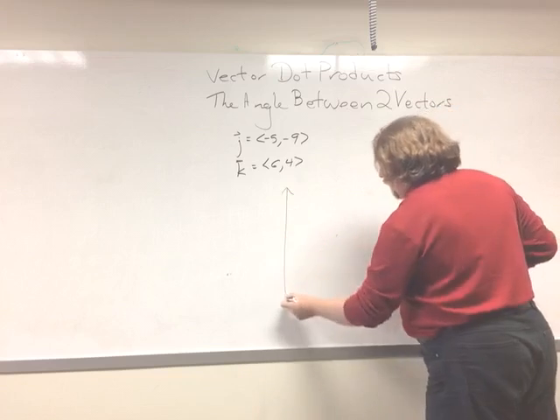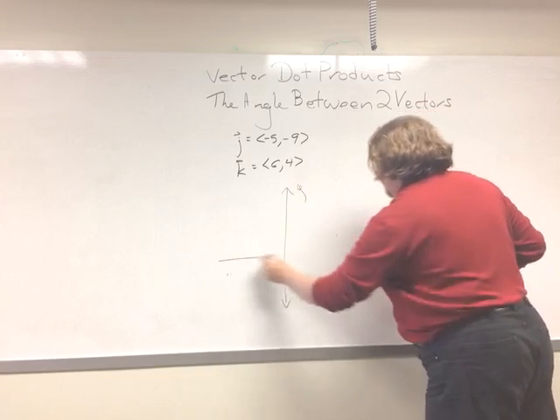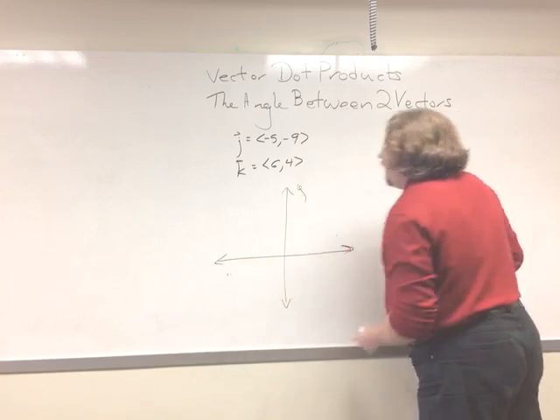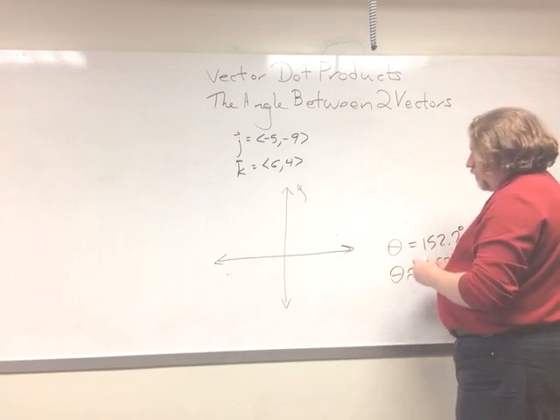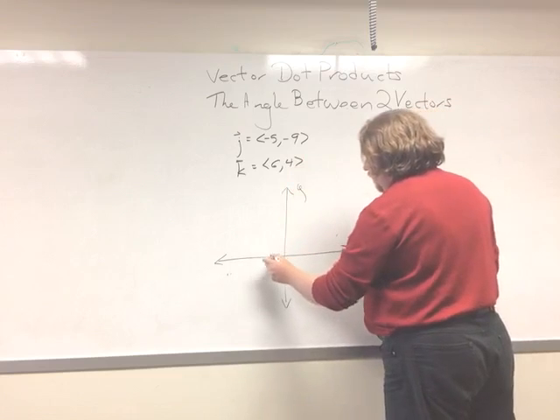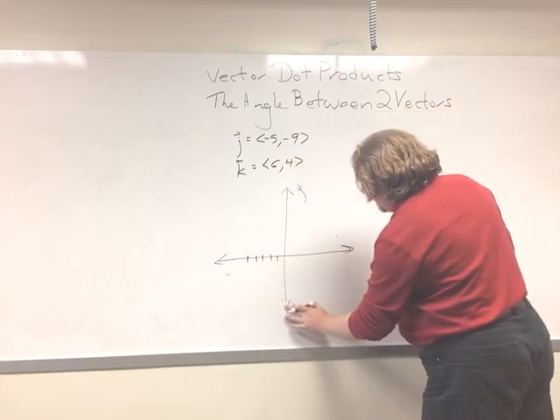Here's the x-axis, the y-axis. And we had vector J, which went 5 to the left and 9 down.